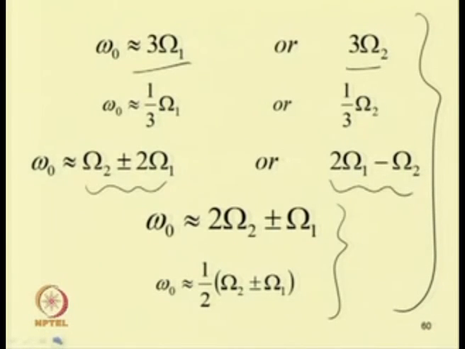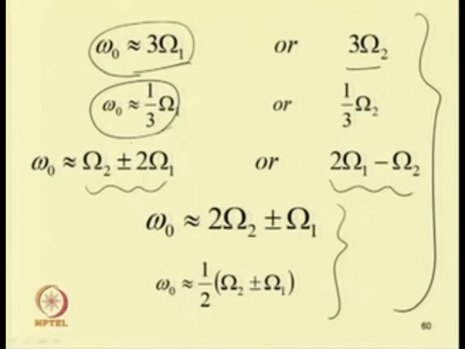In this way, for each resonance condition, as we have discussed in the last section, here also we have to study the system separately and find the response of the system.